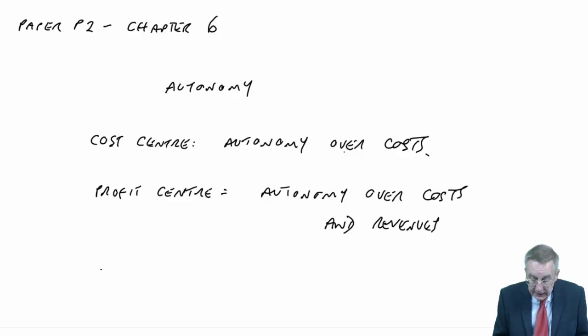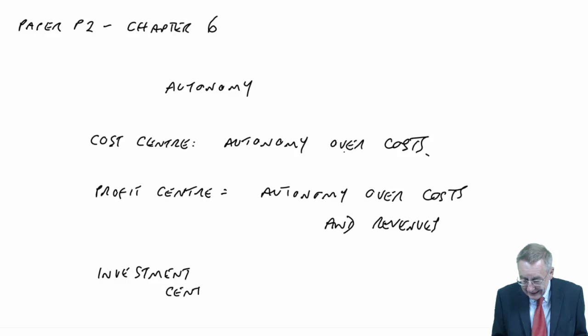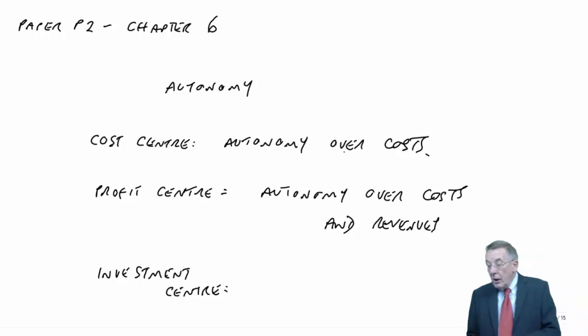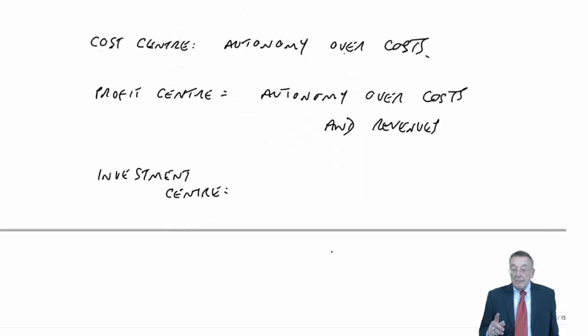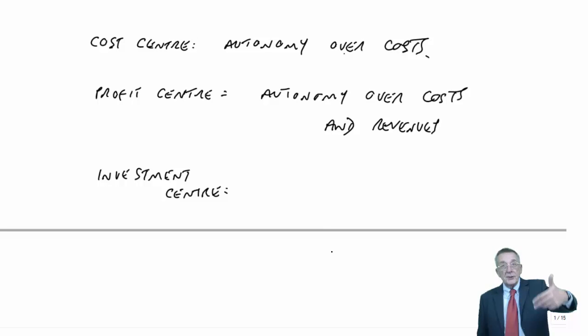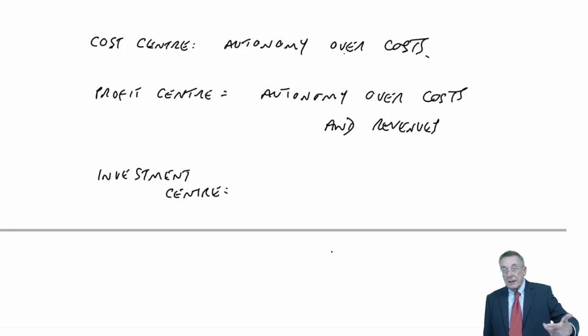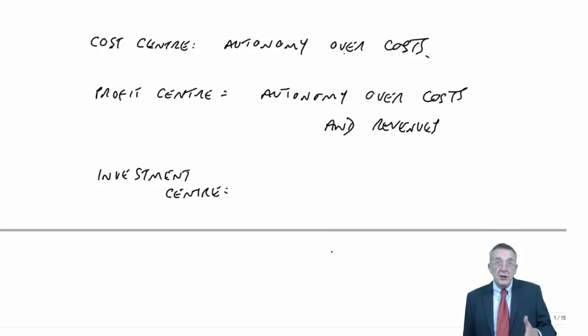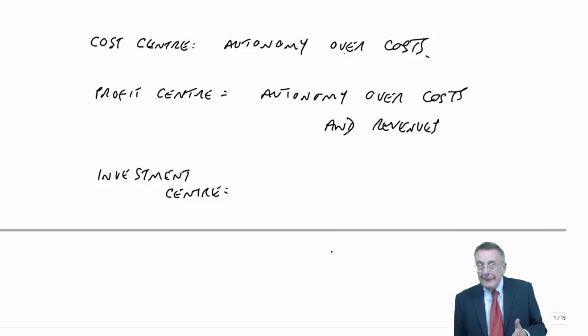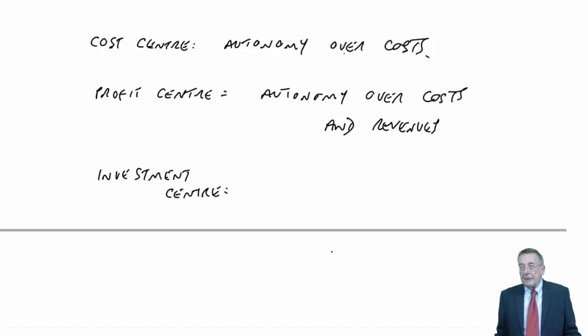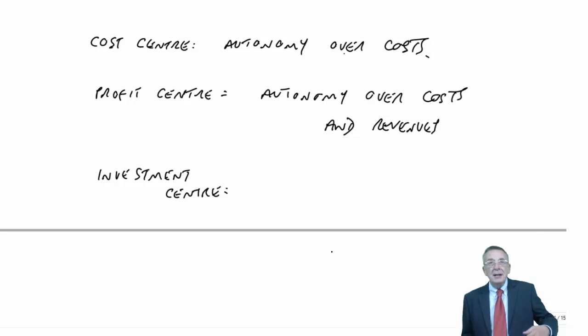And finally, and a very important one for what follows, is what we call an investment centre, where not only have you got responsibility, you've got autonomy over the costs and revenues, but in addition, you can make decisions about new capital investment. It's perhaps less common in real life, but it's important for what follows.